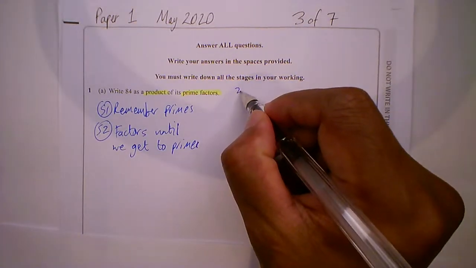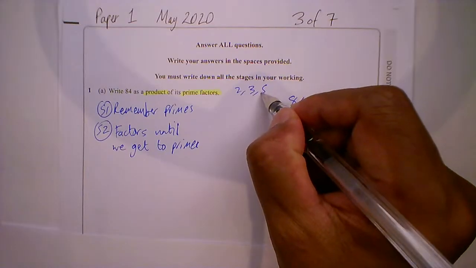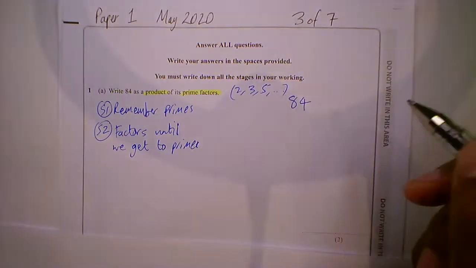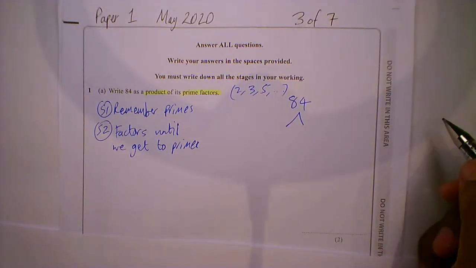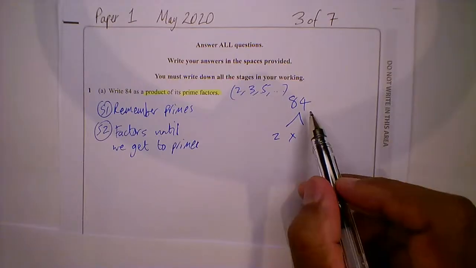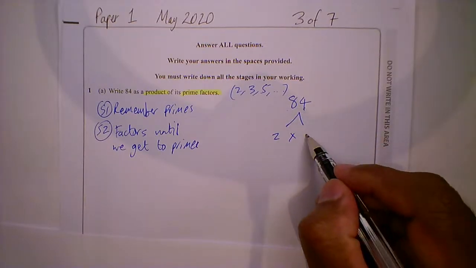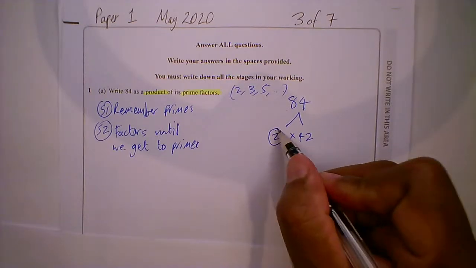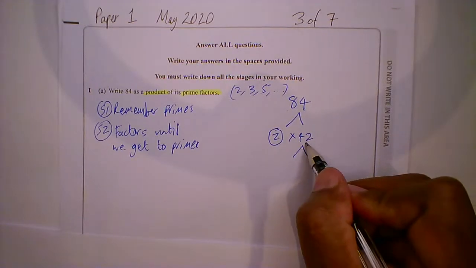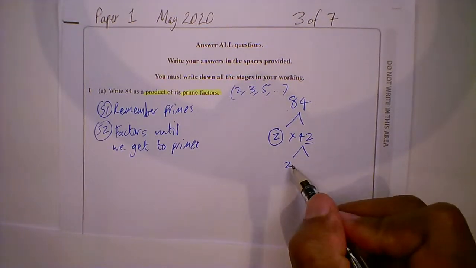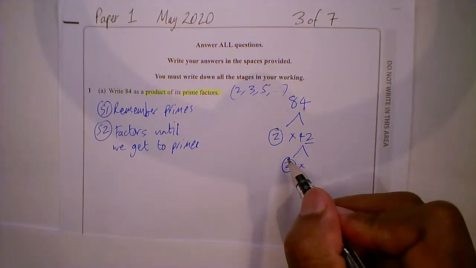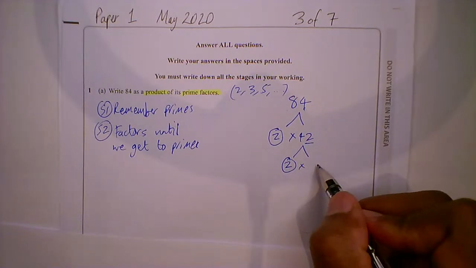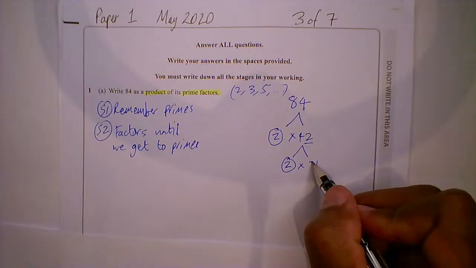So step 1, my primes are 2, 3, 5, and so on. 84, again, it's an even number, so 2 times 42. 8 divided by 2 is 4, 4 divided by 2 is 2, so nice and easy on this occasion. 42 is even again, so we can divide by 2. 2 times 21.